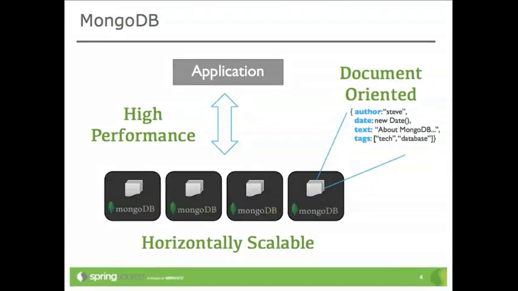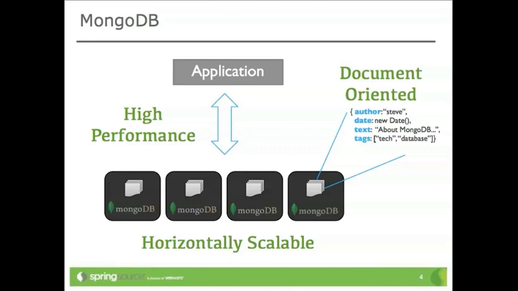MongoDB is a high-performance, document-oriented, horizontally scalable database. It is designed to be extremely scalable, to work well in cloud environments, just like Cloud Foundry, and it's designed to better match the modern object-oriented development practices that we use today.